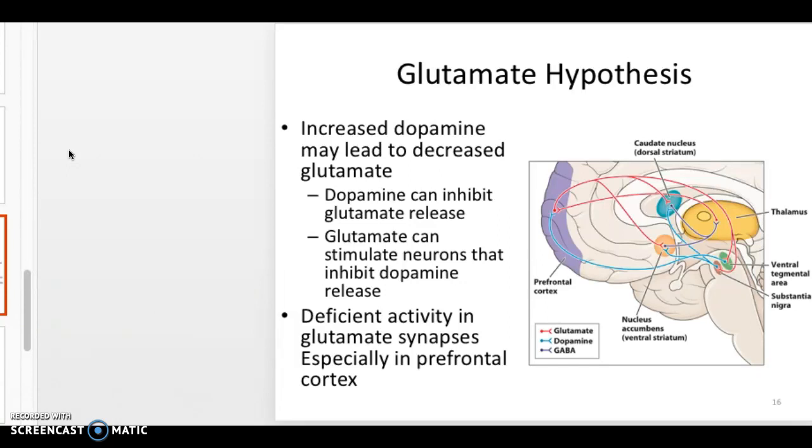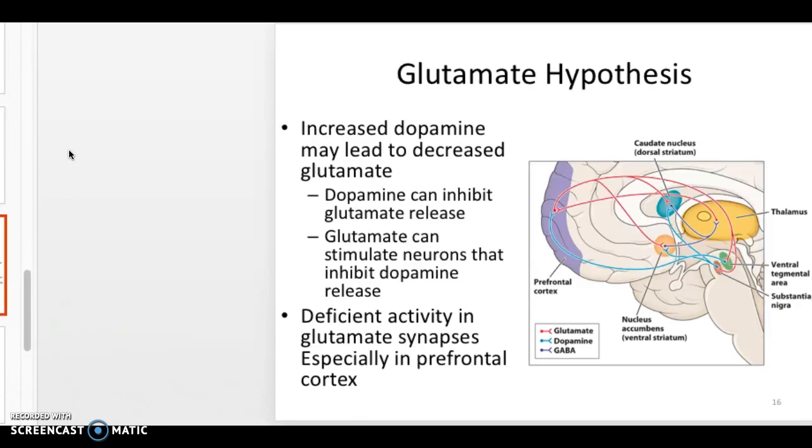So the dopamine itself is contributing to a lack of glutamate, which can then contribute to a lack of dopamine and have this kind of cyclical effect. So it's actually more about the glutamate than the dopamine.